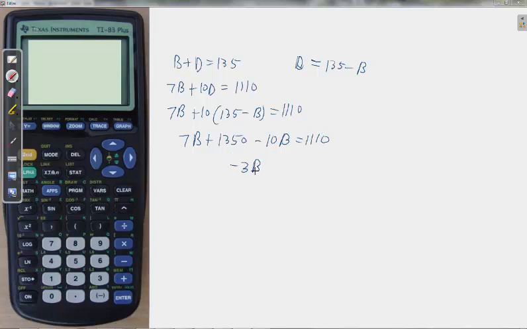Negative 3B equals negative 240. Taking the 1350 over. So B equals 80. It's the same from then on because you just plug that back in here as well.